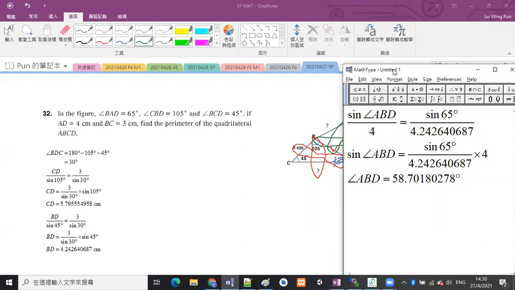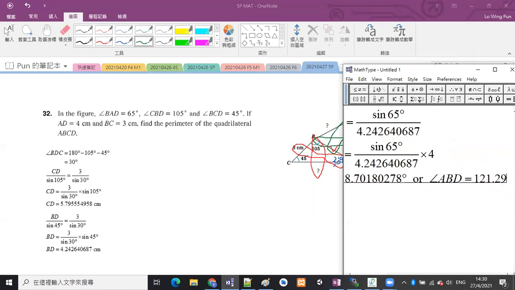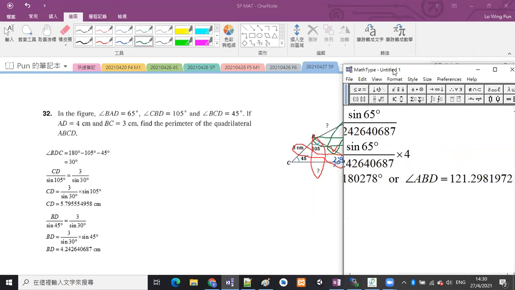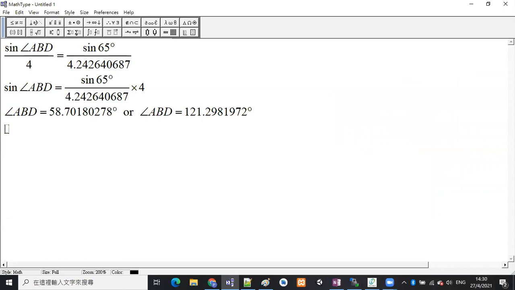58.70180278 degrees. But remember, when we use sine formula to find angle, we need to consider the second possibility. Angle ABD is equal to 180 degrees minus this angle. That should be 121.2981972 degrees. Okay, but we need to check whether the sum of this large angle and the original given angle is already larger than 180 degrees or not.